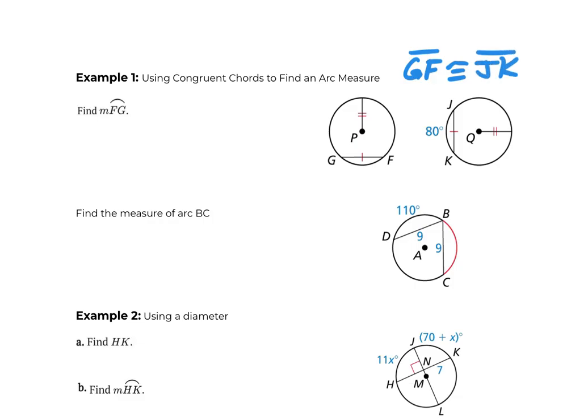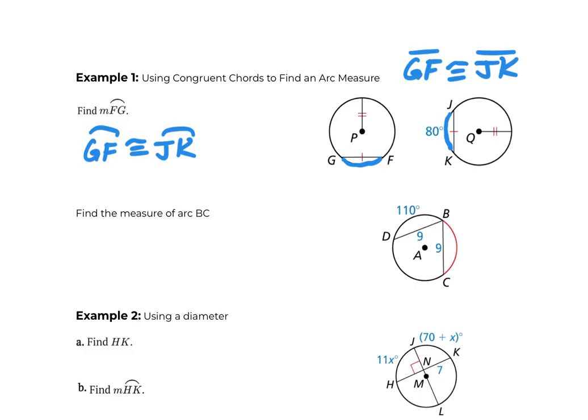If that's the case, then we know that arc GF is congruent to arc JK. So if the segments are congruent, the arcs are congruent. And when I talk about the arc, remember I'm talking about the piece that's on the outside of the circle, outside of that segment, okay? G to F and J to K. It's the minor arc that we talked about yesterday.